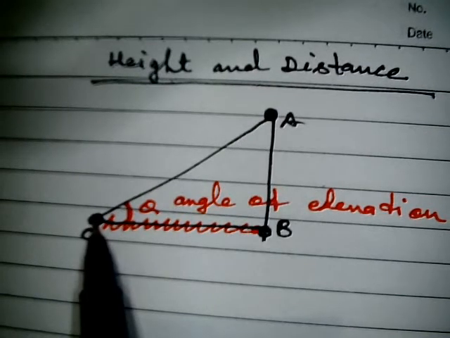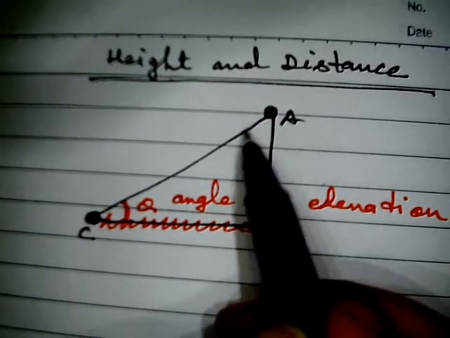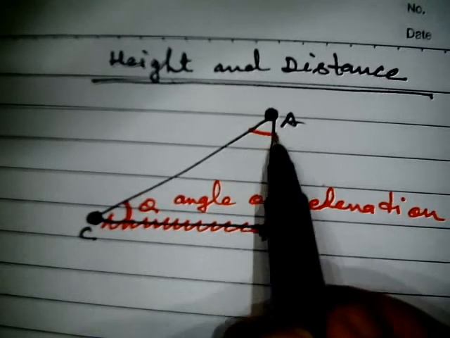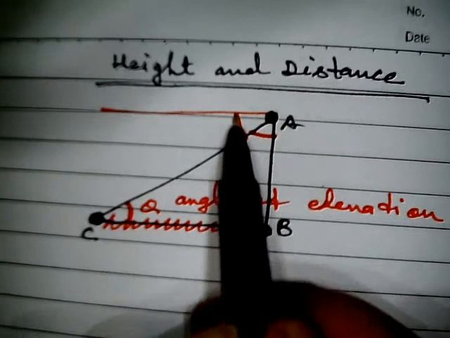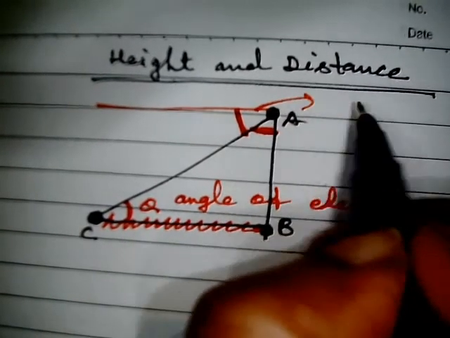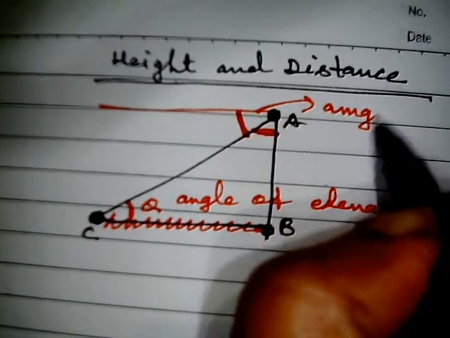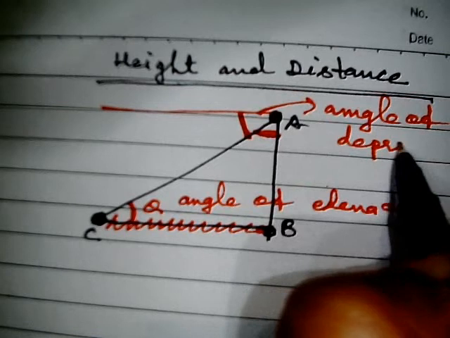If you are observing from top to bottom, the angle made by your eyes is called angle of depression, and this angle is this theta, not this one.